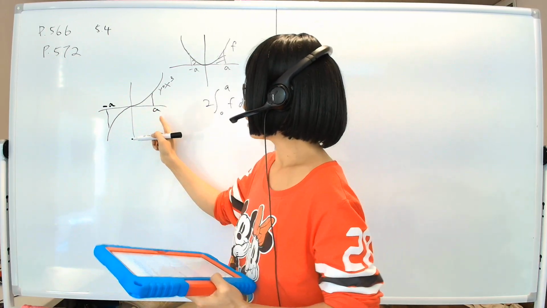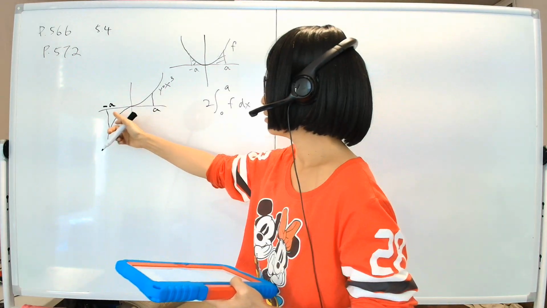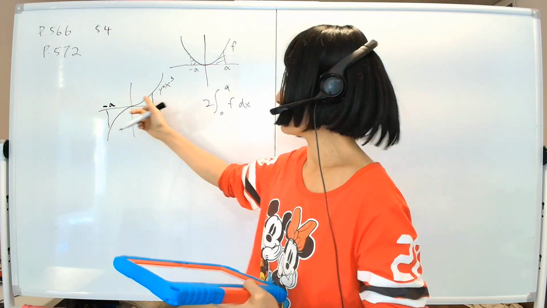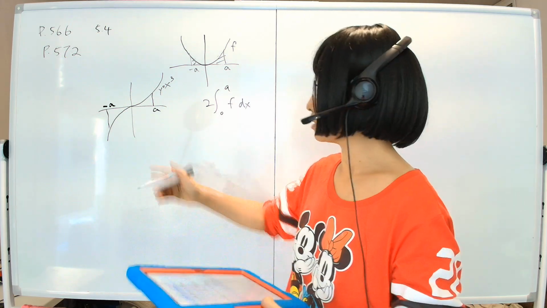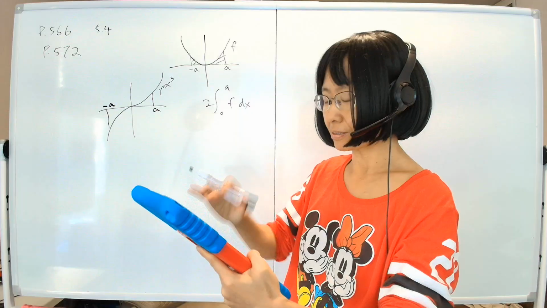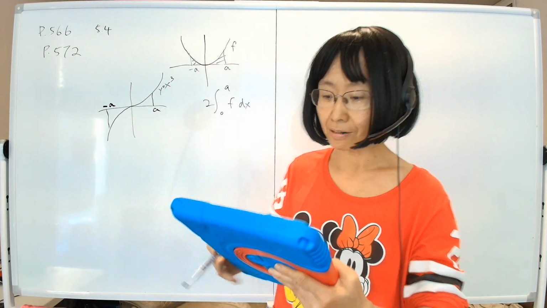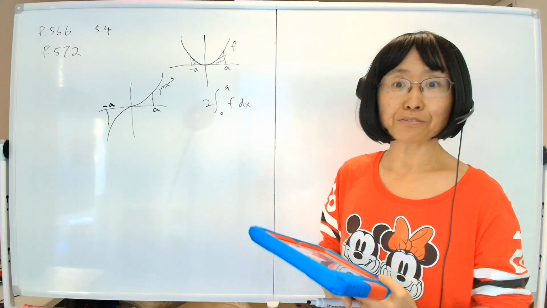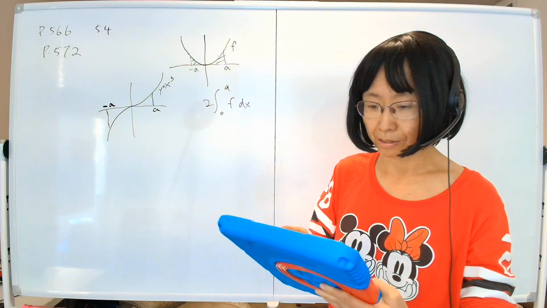However, while the area is exactly the same, this area is negative. So when you integrate an odd function, it will end up being 0 because you just subtract this one out exactly. So for the odd function, the integral from exactly minus a to a will become 0. And this is not much of a rule. You realize that when you try to do it, your solution will come out to be 0.